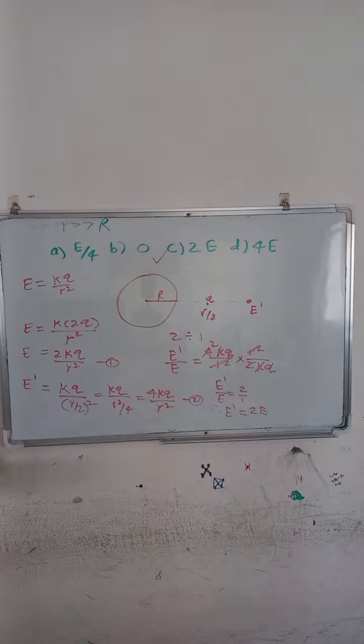So I'll repeat this question. The electric flux through a closed Gaussian surface depends upon A, net charge enclosed and permittivity of the medium. Second, the net charge enclosed and permittivity of the medium and the size of the Gaussian surface.